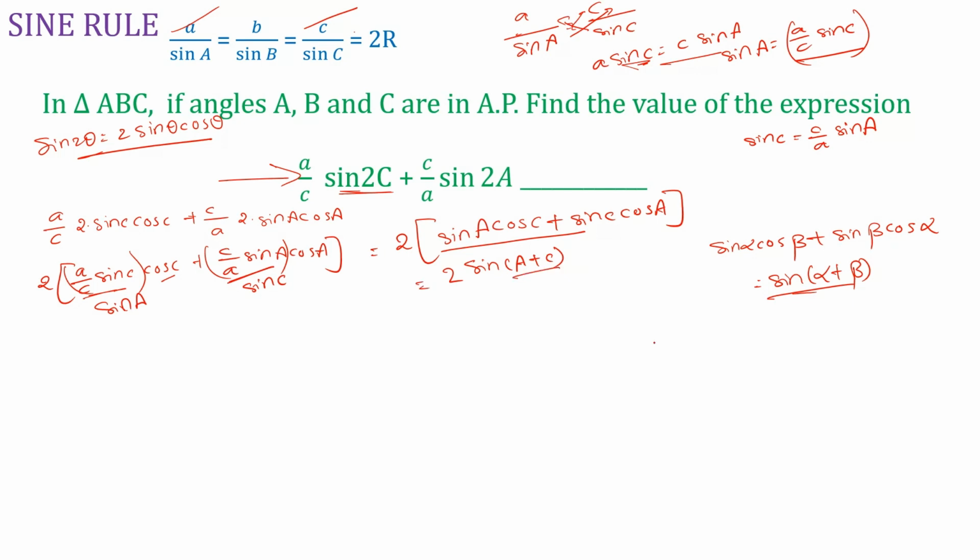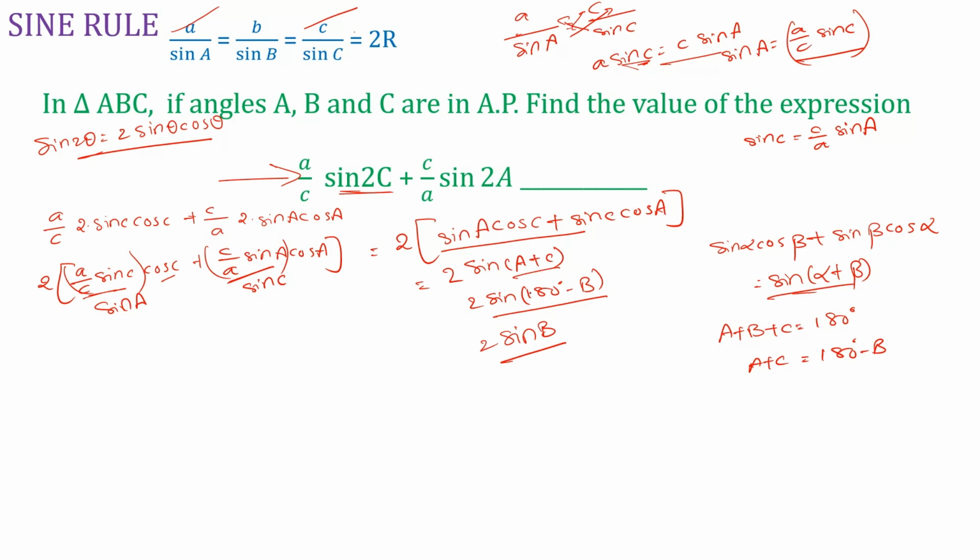In a triangle, A plus B plus C is equal to 180 degrees, so A plus C can be written as 180 minus B. So 2 into sine of 180 minus B; this gets into the second quadrant and sine remains sine itself. So it becomes 2 into sine B.